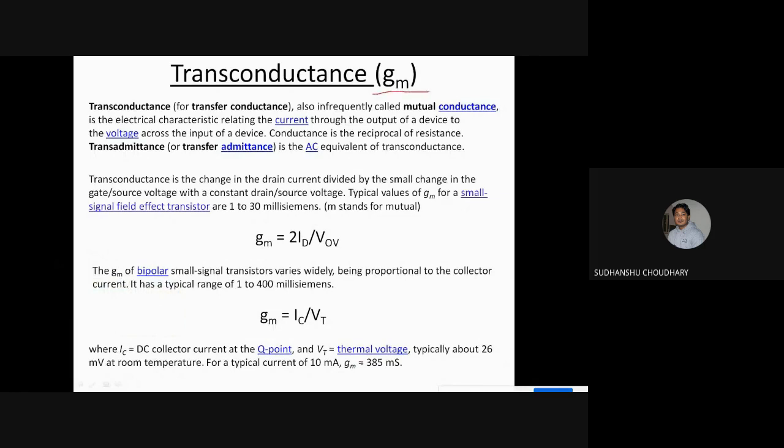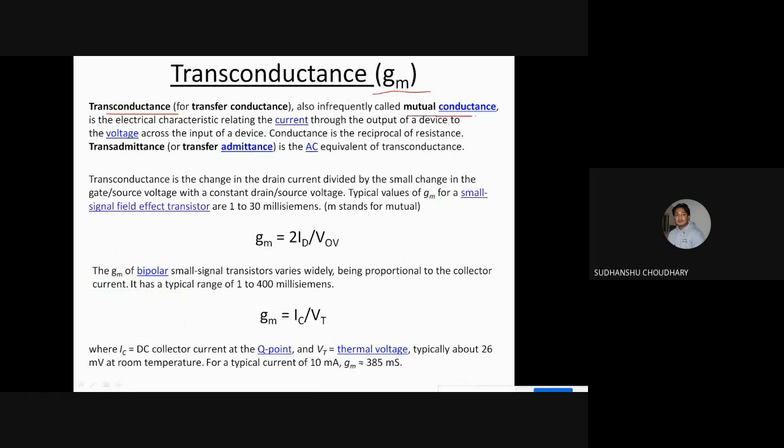If the GM is high, we say the MOSFET is good. If GM is low, the MOSFET is not very good. M here stands for mutual, so this is transconductance, also called mutual conductance.